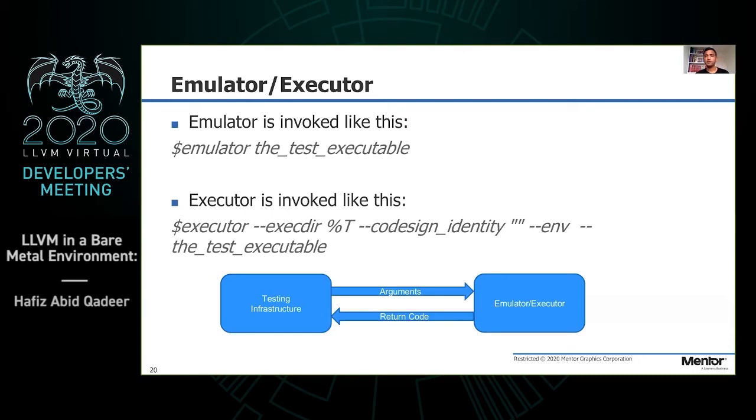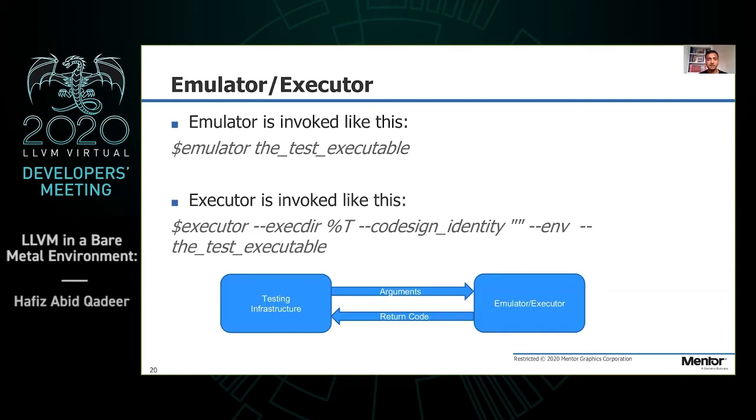The next thing that it will need to do is pass the return code back to the testing infrastructure. And how can it get it? One technique that I used was that my exit function will print it on the serial port, and my host system then can read it from there. If your system supports semihosting, then it makes it much easier for the debugger to read the code, and you can then pass it back to your testing infrastructure.